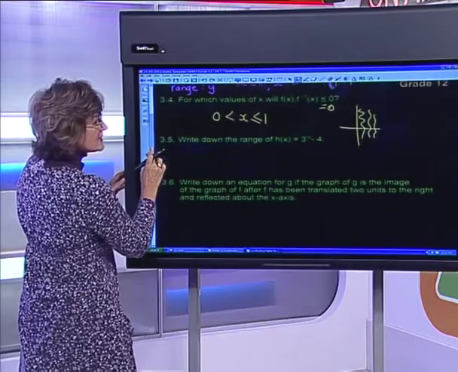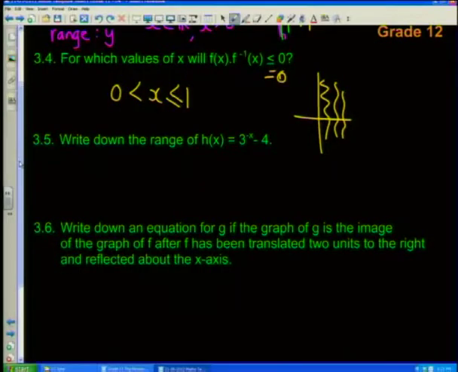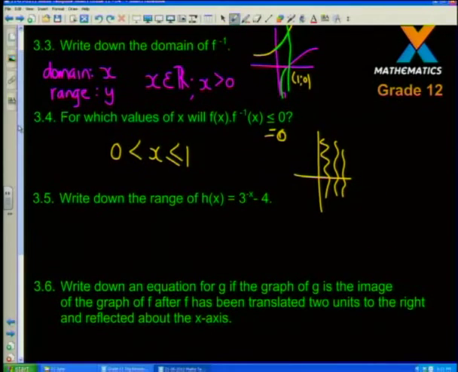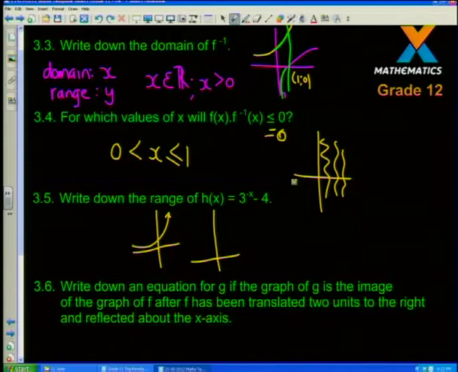Okay, write down the range of a graph called 3 to the minus x, minus 4. Now guys, I would think about this carefully before putting down my pen and answering. I would say, what does 3 to the minus x look like?